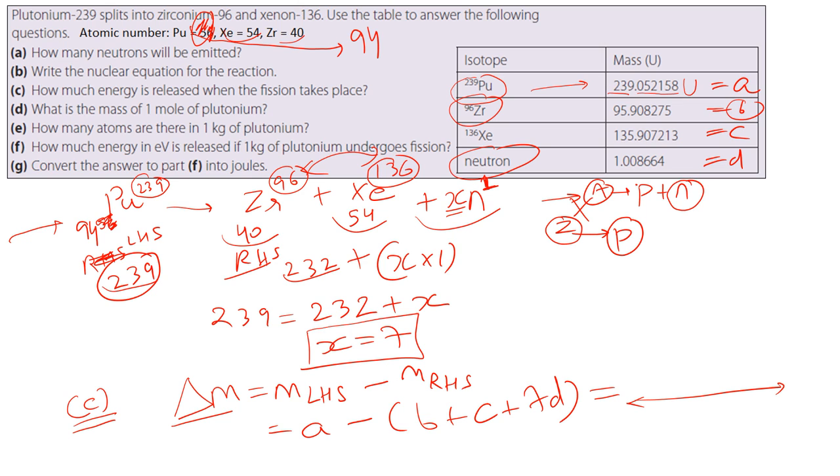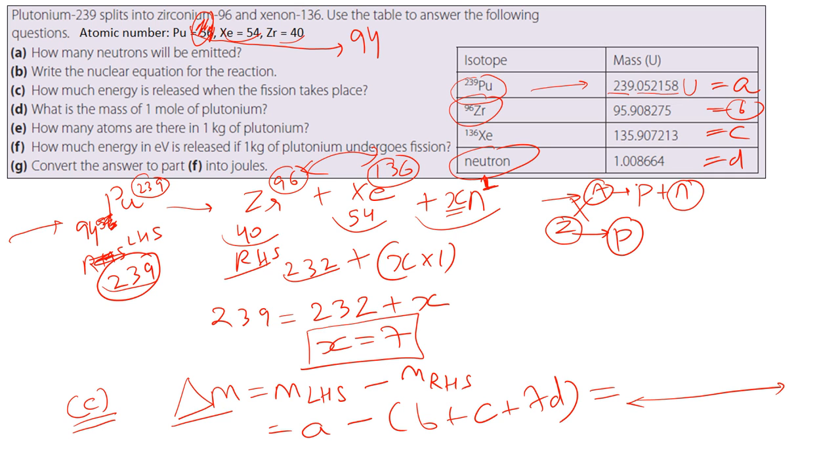Vaibhav, did you get the concept of F? No, I'm still confused. Okay, so basically the answer which you found in C was the energy released when one plutonium splits into the zirconium and xenon, right? So all you have to do is check the total number of atoms in 1 kg of plutonium. So you just multiply it by 164? Yes, correct. Okay, 4.14 into 10 to the power 27.